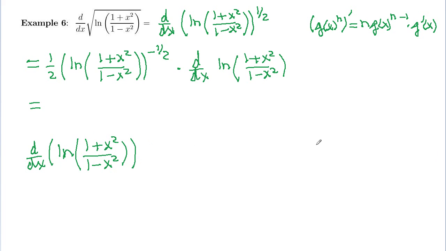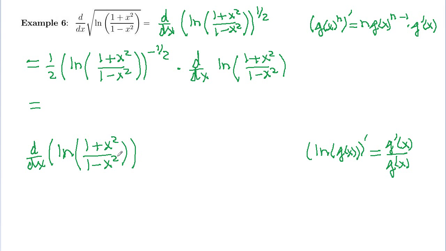And remember, if you've got natural log of a function g of x and you take the derivative of that, your function goes on the bottom and its derivative on the top: g prime over g. So we could take this inside function on the bottom, and then its derivative, we'd have to use a quotient rule on the top. Well, that would be a little bit messy here with the quotient rule in there.